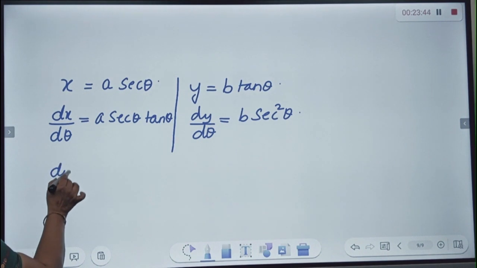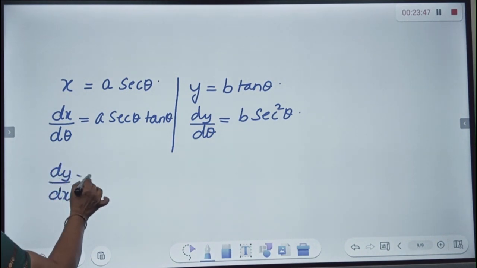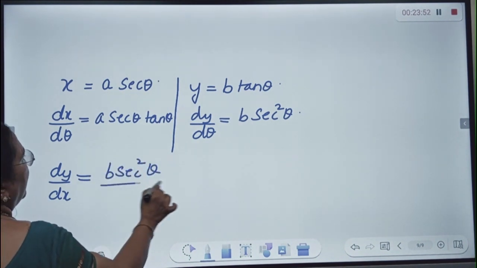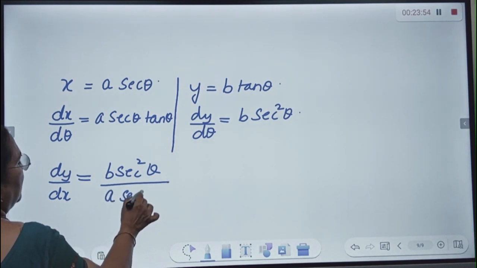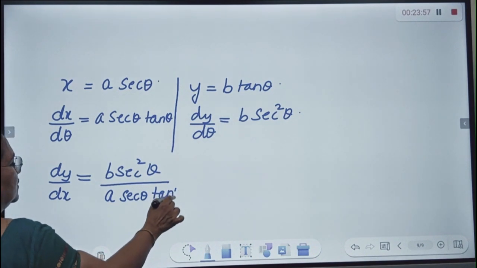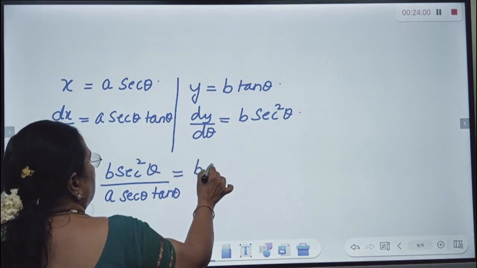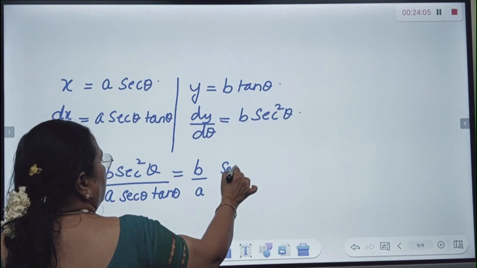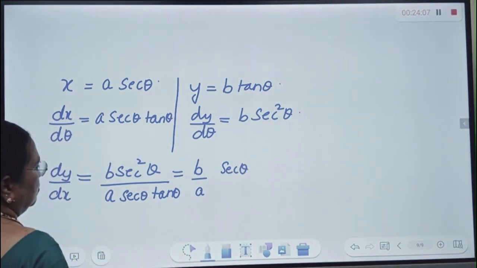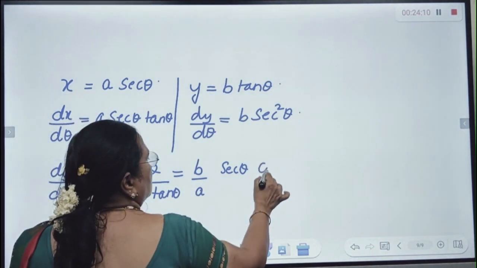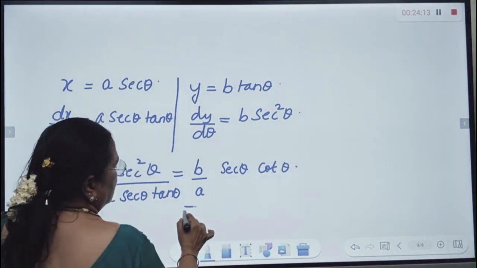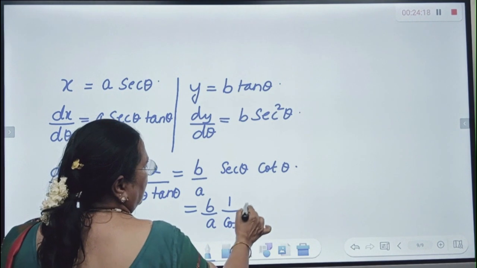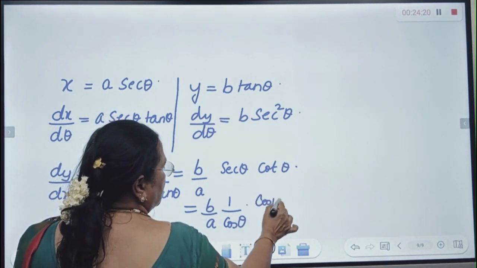So dy by dx will be equal to dy by d theta, which is b secant square theta, divided by a secant theta tan theta, which is b by a, one secant theta gets cancelled, secant theta into 1 by tan theta, which is cot theta, which is b by a, 1 by cos theta into cos theta by sin theta.